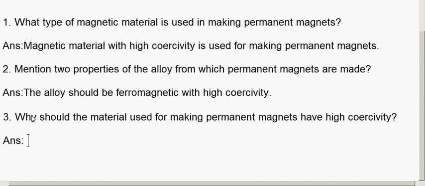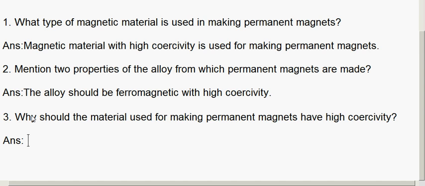It should have high coercivity so that it will not easily lose its magnetization, because these permanent magnets are the magnets which should have their magnetizing property for a longer period of time. That is why we should have high coercivity, which means that it will not easily lose its magnetism property.